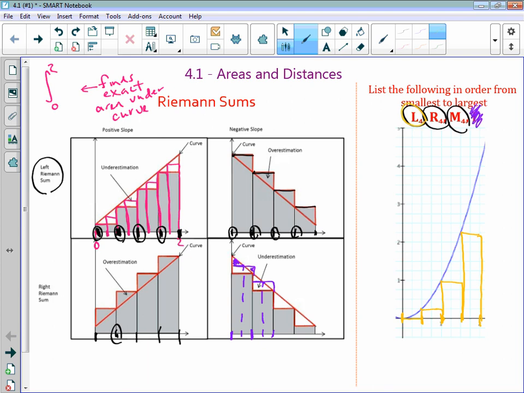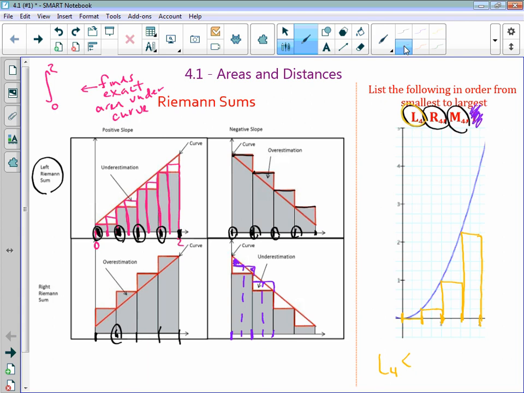An underestimate, right? We're missing all of those little pieces there. So that one looks good to be our smallest one. So I'm just going to go like this, but it says in order from smallest to largest, so you could say L4, comma. So which one would go next?